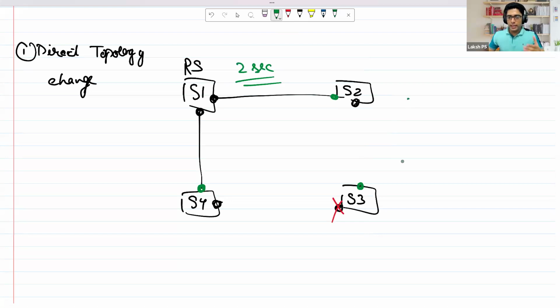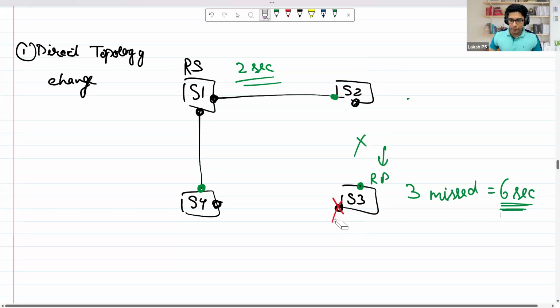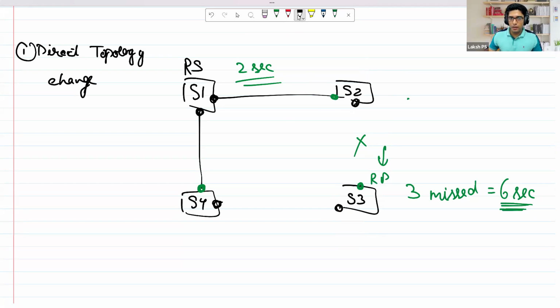Switch 2 is sending BPDUs, but they are not being received by switch 3 because of the fault. So switch 3 waits for 3 missed BPDUs, so basically 6 seconds. When it does not receive any BPDU on its root port for 6 seconds, it unblocks this interface.